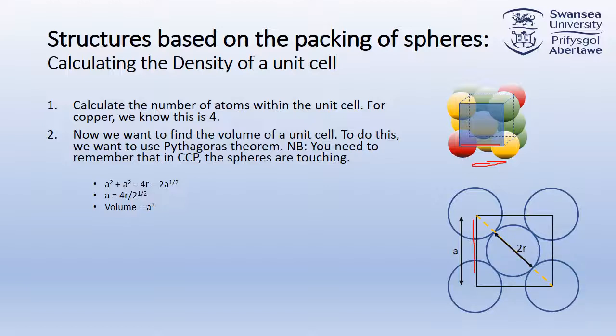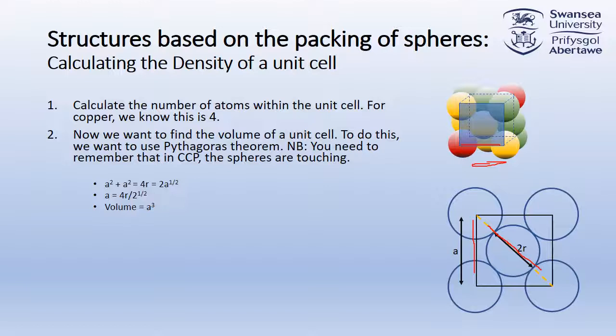Well, we've basically drawn a triangle, so we can use Pythagoras' theorem to work this out. So it's A squared plus B squared equals C squared. So our C is basically our 4 radii down here, and we have A and A. So A squared plus A squared equals (4r) squared. In other words, A equals 4r over the square root of 2.